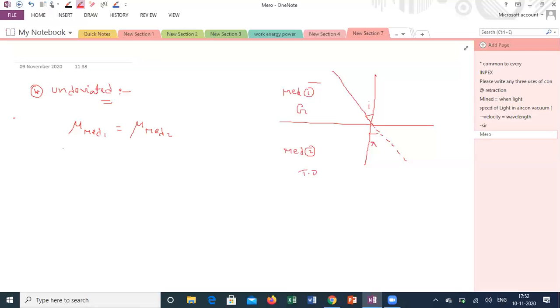The second condition is if the incident angle is 0 degrees. What I'm saying? If your i is 0 degrees, that means, see, the blue color line says the incident ray is at 0 degrees.